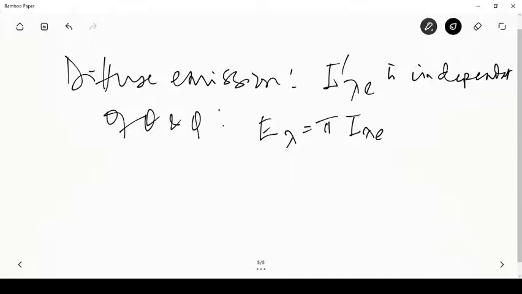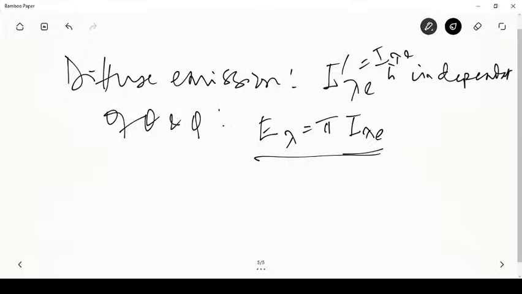Basically the prime can be dropped because it is independent of direction, so E lambda is equal to pi times I lambda e. So this is one relationship that you would get because of what I call as diffuse emission.